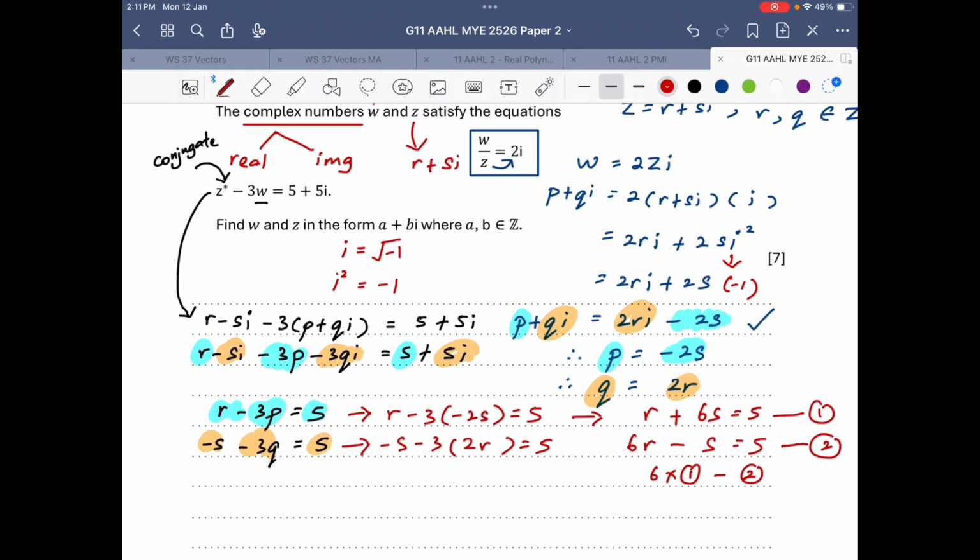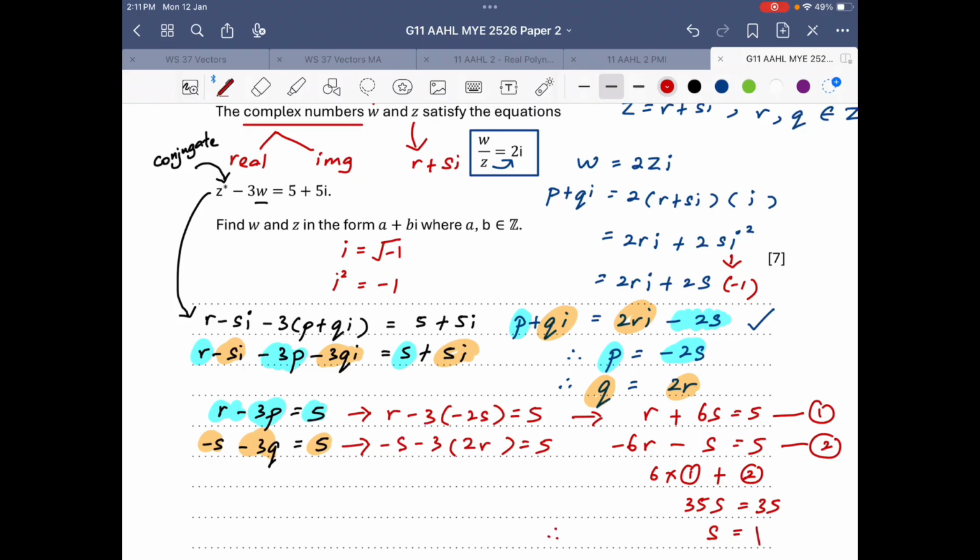Minus 6R, my bad, here should be a plus. Negative 3 times 2R should be negative 6R. So 37S... 35S equals 35, S equals 1.